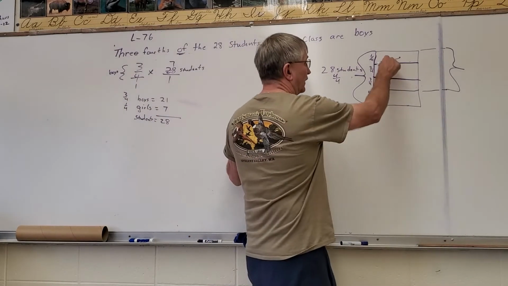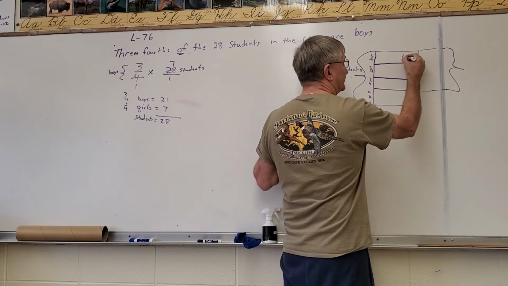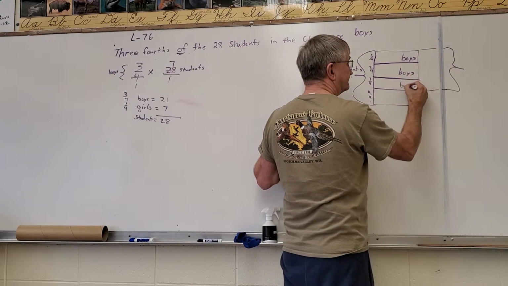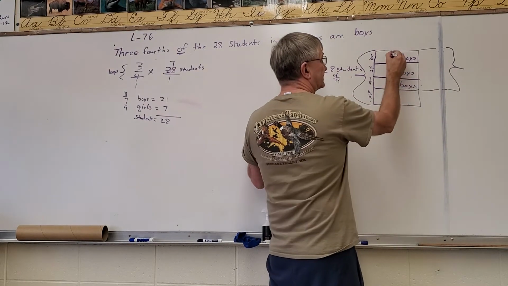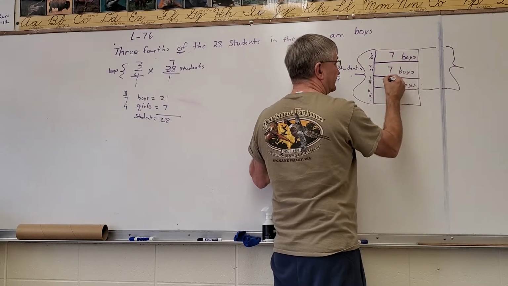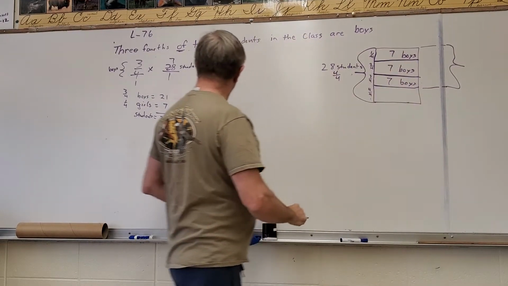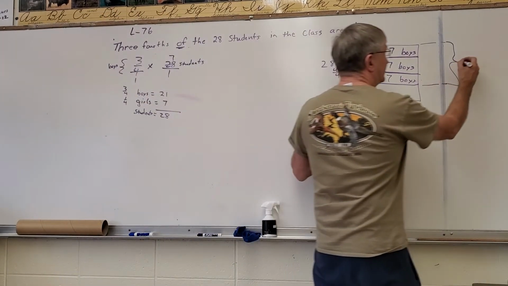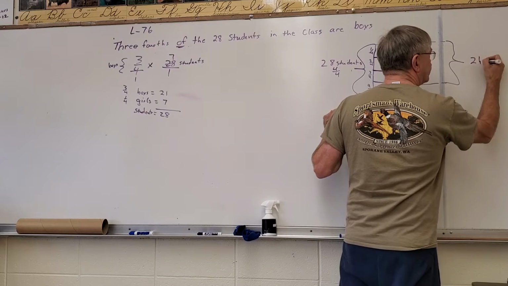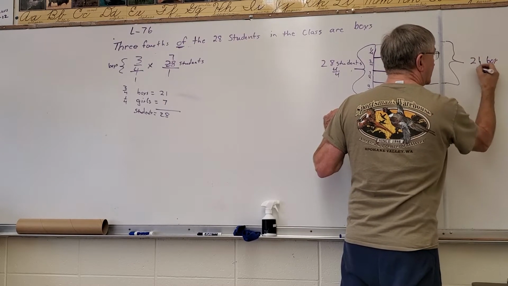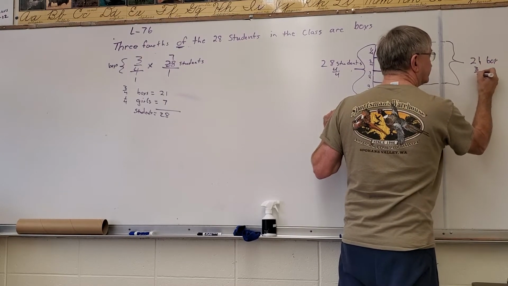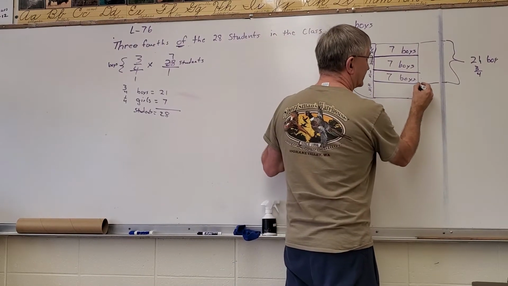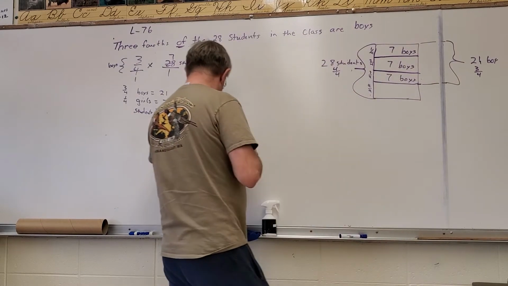Now I'm going to put all this together here. We have the 3/4, 1, 2, 3. So that's all boys. If I put numbers 7, 7, 7, because 3 times 7 equals 21, that equals my 21 boys, which is 3/4. Now the girls, I'm going to put another little cube right here, and use a different color.